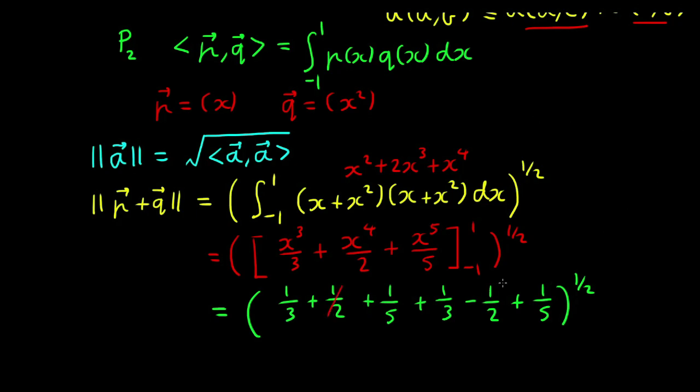So the half cancels, and we'd get 2/3 plus 2/5. So what we'd get is 10 plus 6, which is 16 on 15. And we take the square root, so that gives 4 on root 15.